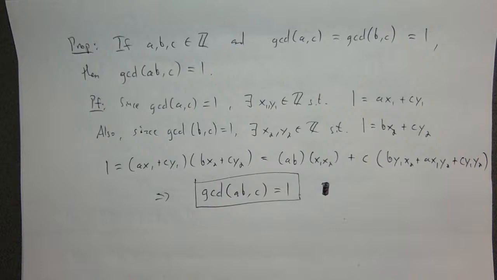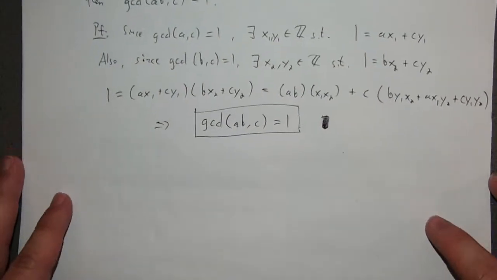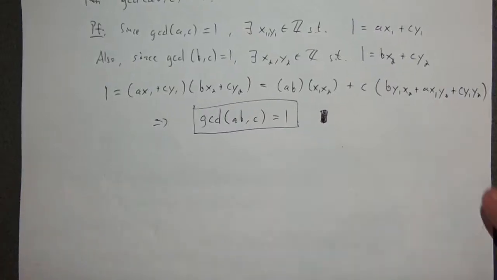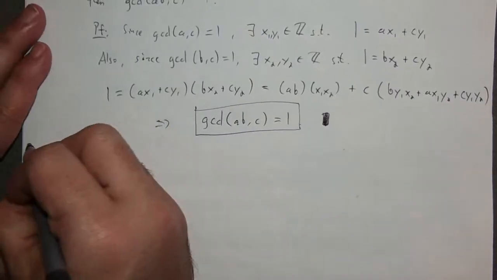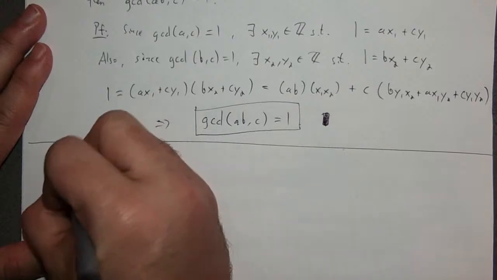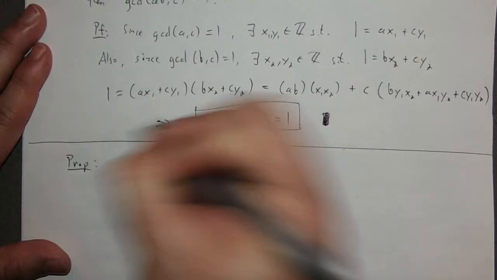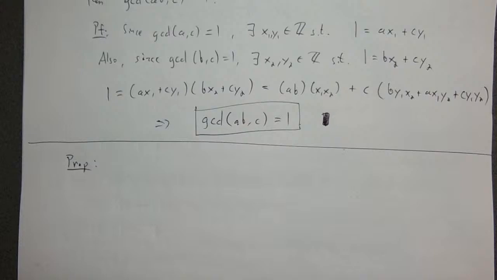So this is a nice way of proving this fact without referencing prime factorizations at all. All right, so two other propositions whose proofs are more or less immediate. I'm going to leave those to you. Here's a quick proposition.